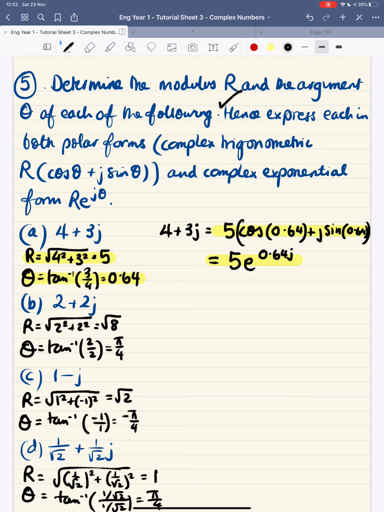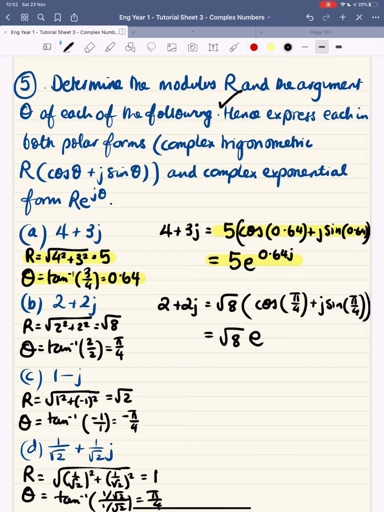Okay, so the second one, 2 plus 2j is root 8 cos pi by 4 plus j sine pi by 4. So that's root 8 e to the pi by 4j. Highlighter there, there, there, and there. C, 1 minus j is root 2 cos of minus pi by 4 plus j sine of minus pi by 4.